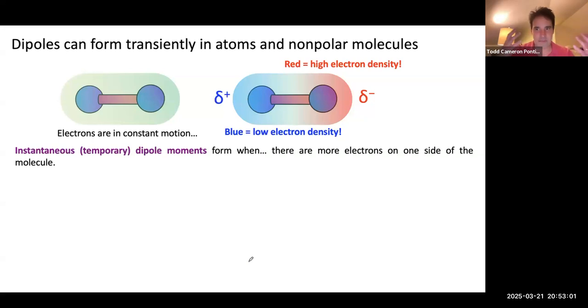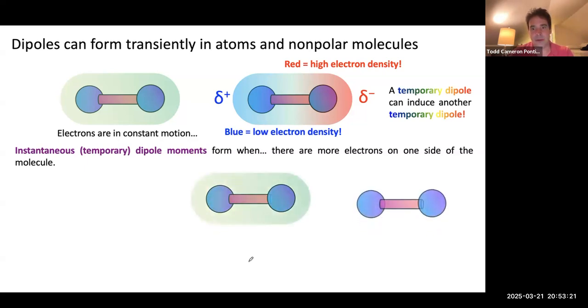Anyway, it's just a useful way of plotting out electron clouds to show why molecules interact with each other in certain ways. This is called a temporary dipole because it's based on the random movement of electrons. But this can induce another temporary dipole.